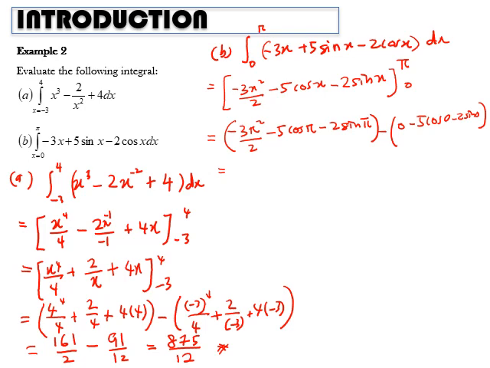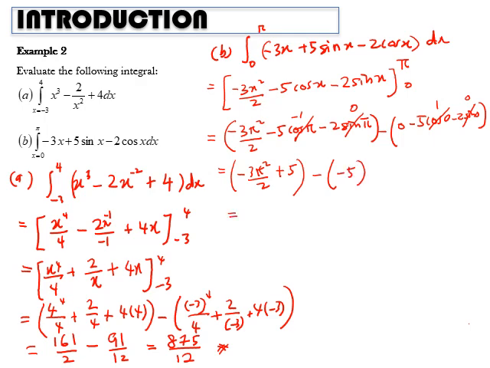So here negative 3 pi squared over 2, cos pi is negative 1, sin pi is 0, cos 0 is 1, sin 0 is 0. So we have plus 5. Okay, and then minus 0 minus here will be negative 5 only.